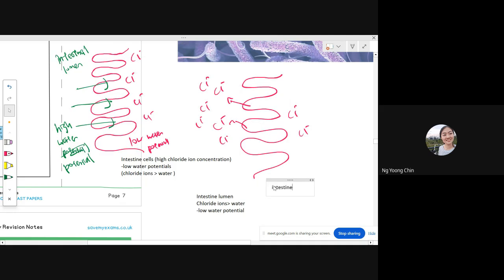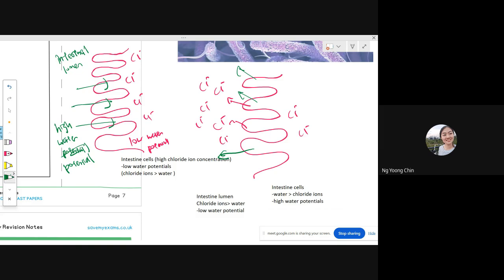The intestine cell will have more water compared to the chloride ions. So this will cause an increase in their water potential. So they will become high water potential. So the water will go in this way, right? Because from high to low, they will go out.